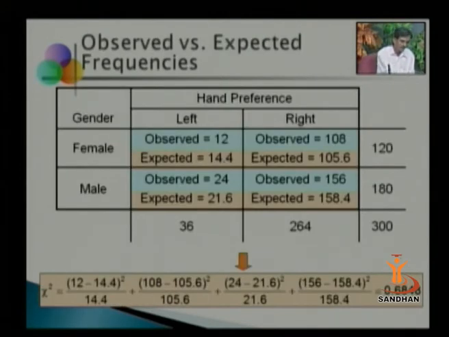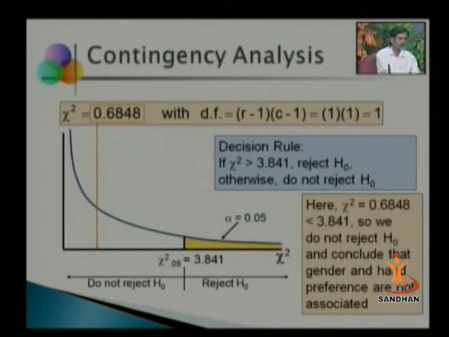So from this observed and expected data, one can calculate the chi-square test statistic using the formula, and ultimately we get the value of chi-square, that is 0.6848. So this is the calculated value, we call it the observed value of chi-square.